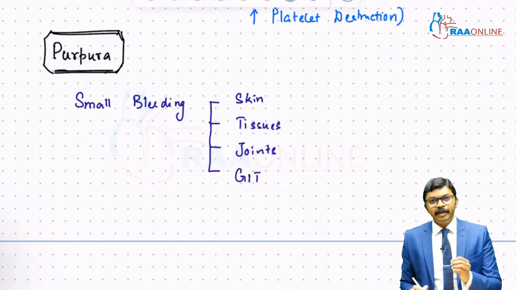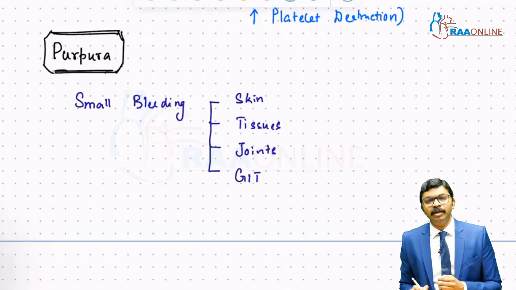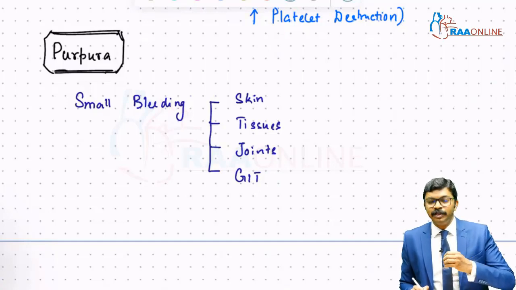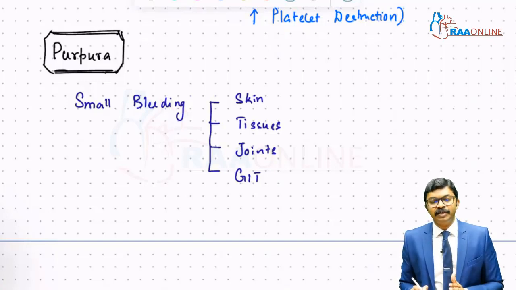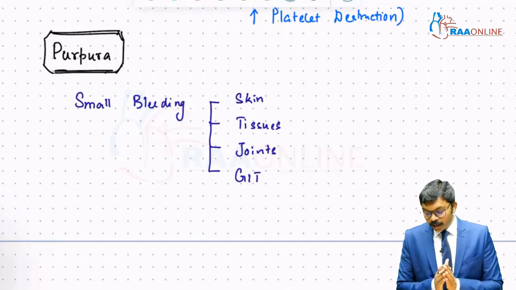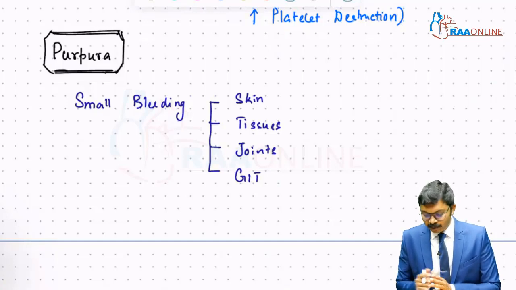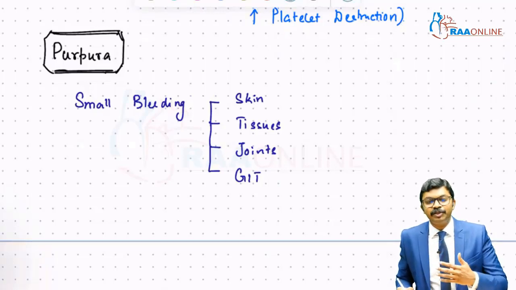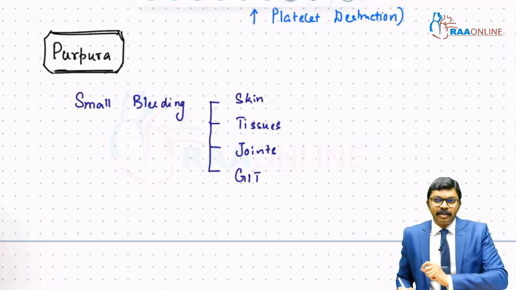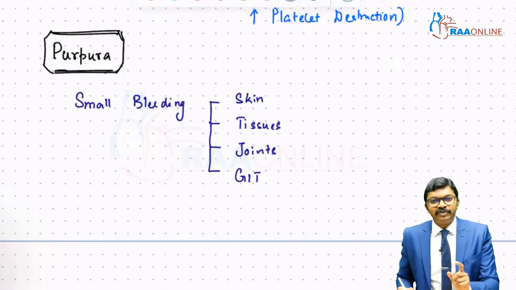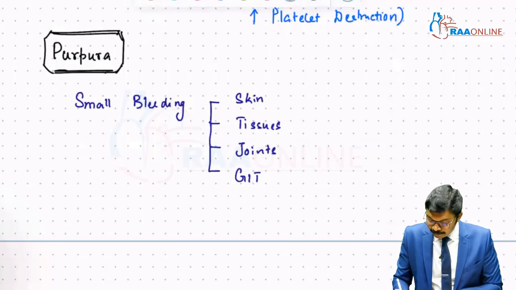So if the magnitude of bleeding is very small and this bleeding is seen in skin, mucous membrane, tissues, joint spaces, GIT, we call this condition purpura. Now this small bleeding is made possible because of extravasation of blood out of blood vessel.